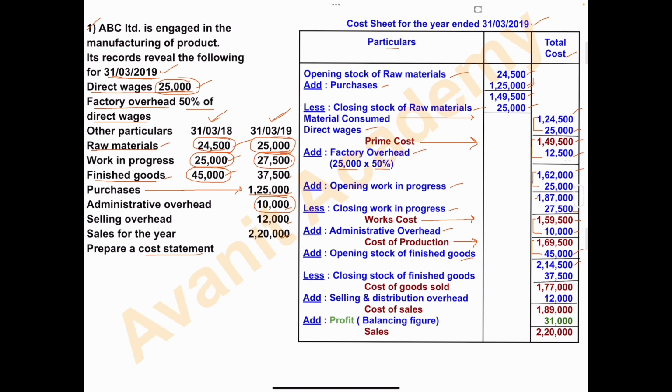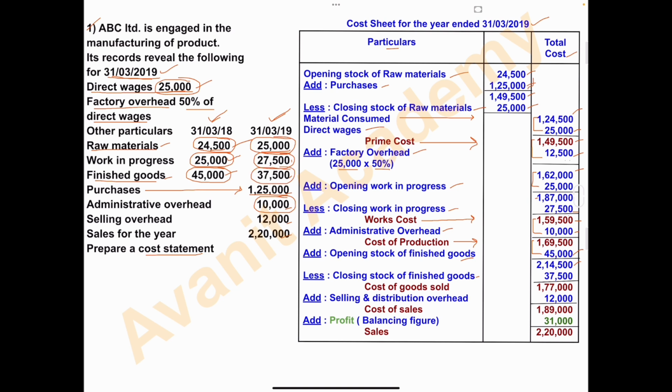Now, less closing stock of finished goods. From this 2,14,500, we have to minus closing stock of finished goods amount. See in the problem, closing stock of finished goods amount is 37,500.